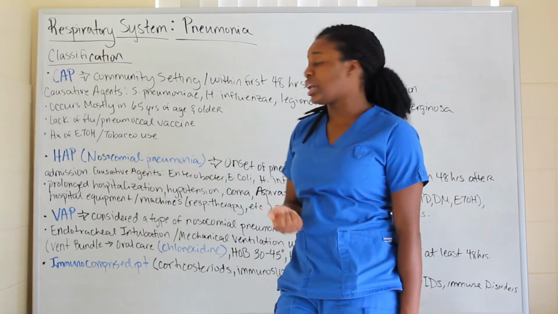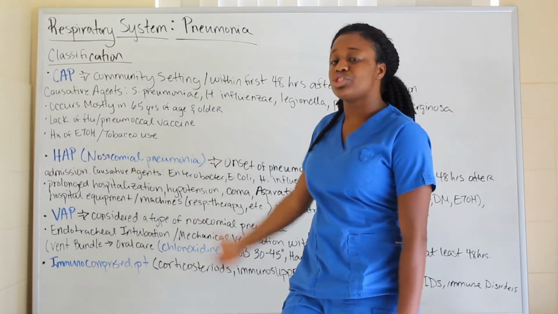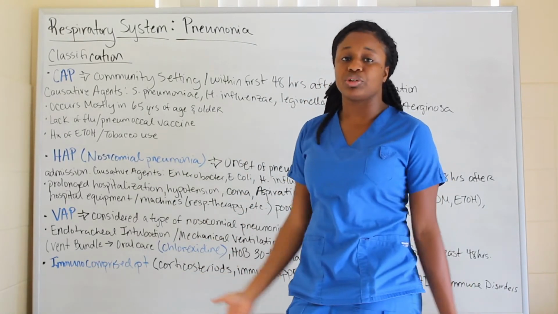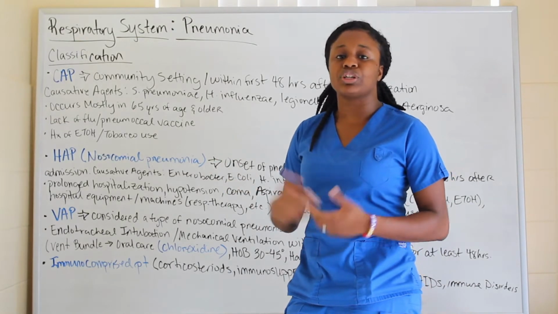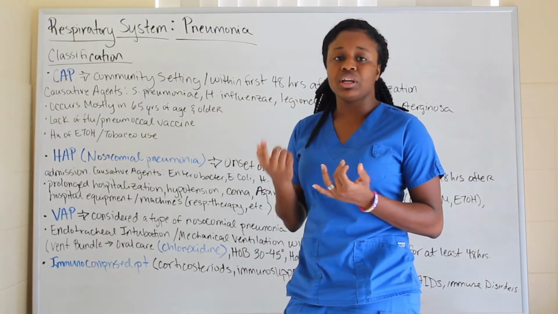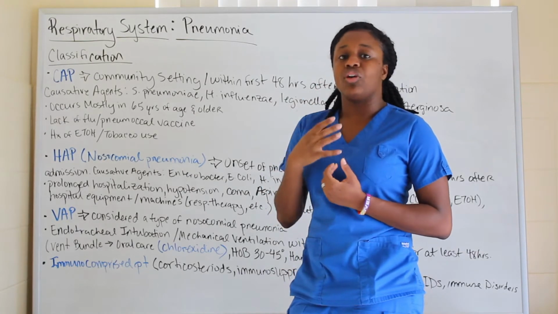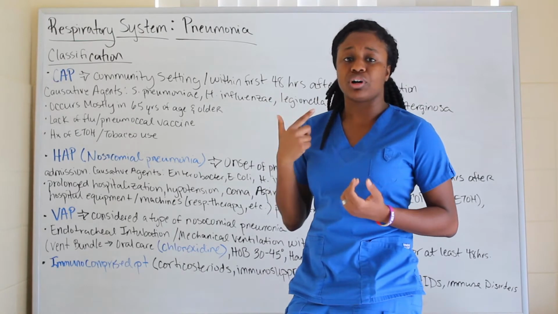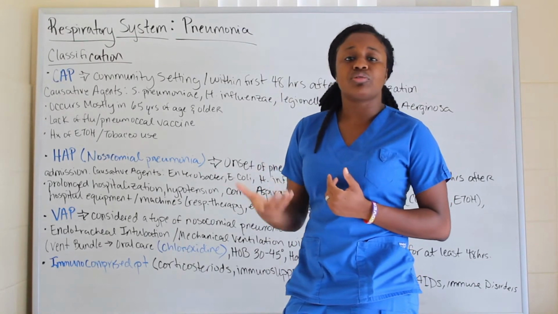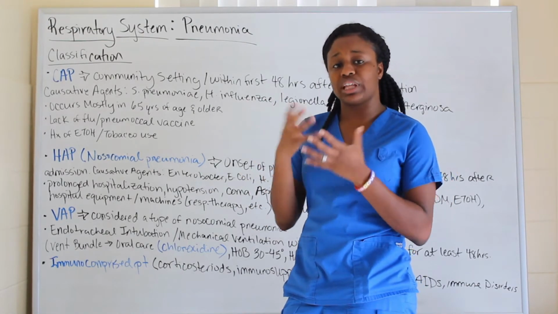Hospital equipment, right? Sometimes it could just be the hospital equipment or the machines or your respiratory treatment or therapy. So those patients who have to go under respiratory treatments where they get the duo neb, or they have the mask, or they have the one that goes in your mouth, and they're getting the albuterol and things like that, they're more prone to catching pneumonia because of what happens to that equipment.